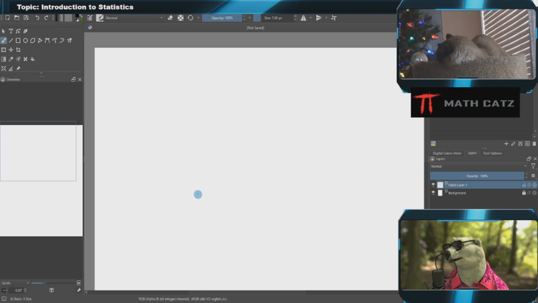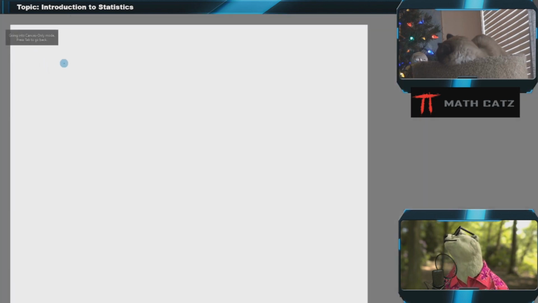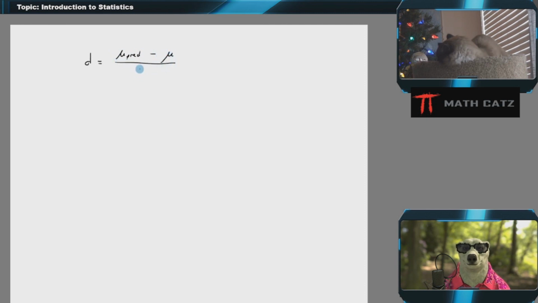Let's scribble some stuff. So now our formula was D equal to mu predicted minus mu of the population over sigma. So now I have the effect size and I'm looking for the predicted mean.